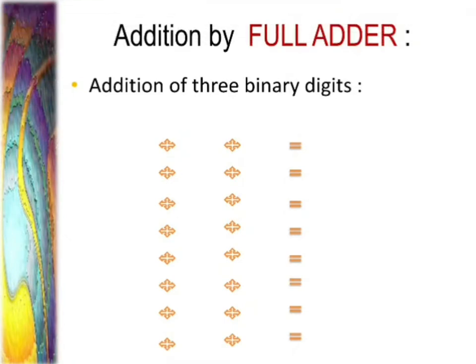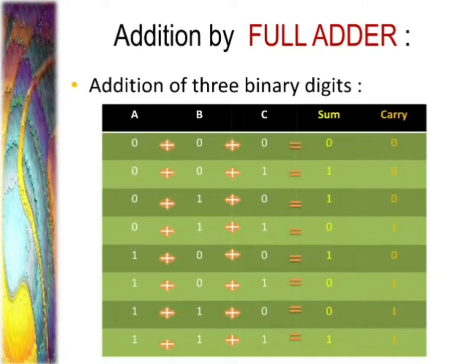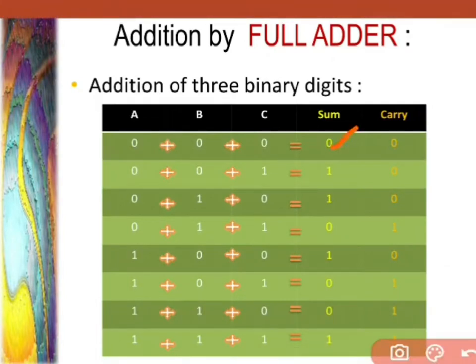We have our truth table in front of us, where we are adding three binary digits. 0 plus 0 plus 0 gives sum 0 and carry 0. When we add 0 plus 0 plus 1, we get 1, but the carry is 0.